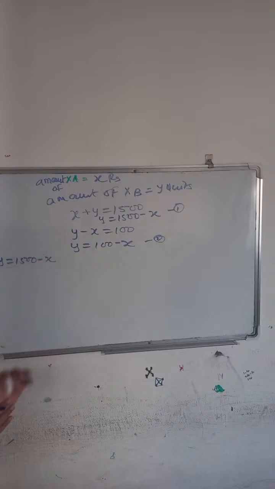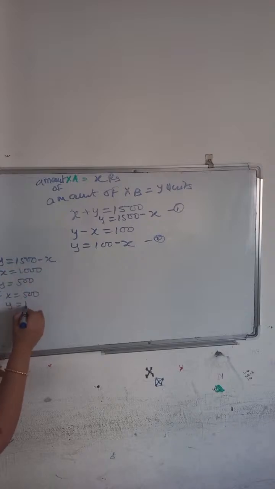Whenever this kind of big numbers come, you have to choose the x or y coordinates according to the given values. So here 1500, suppose I keep x equal to 1000, then y you will get how much? 1500 minus 1000 is nothing but 500. Then if x is 500, then y you will get how much?